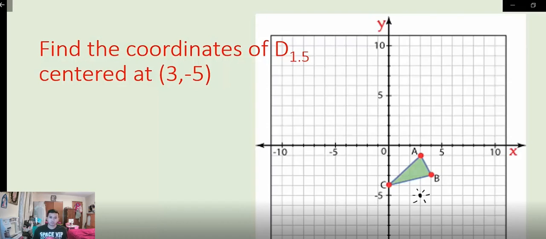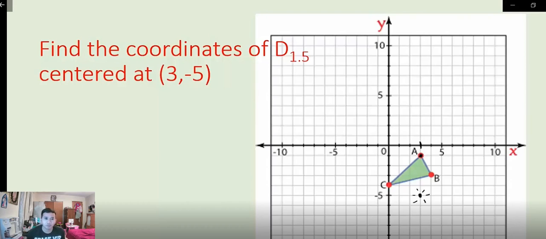Okay, I'll repeat my mistake. Center of dilation 3, negative 5, and then let's see the distance of each point to the center of dilation, and this image will be dilated 1.5.